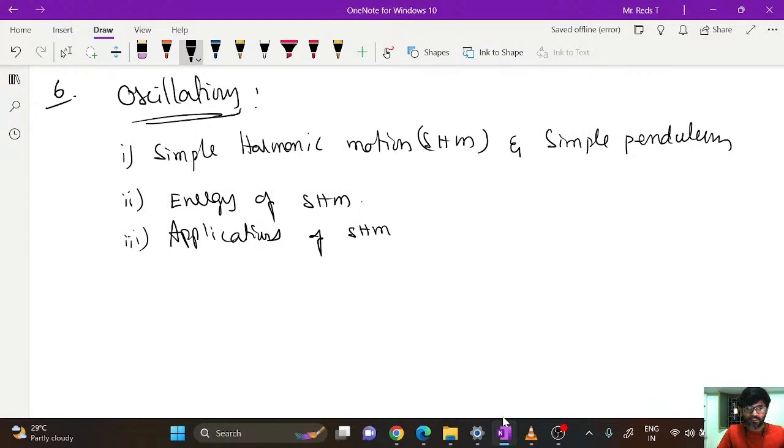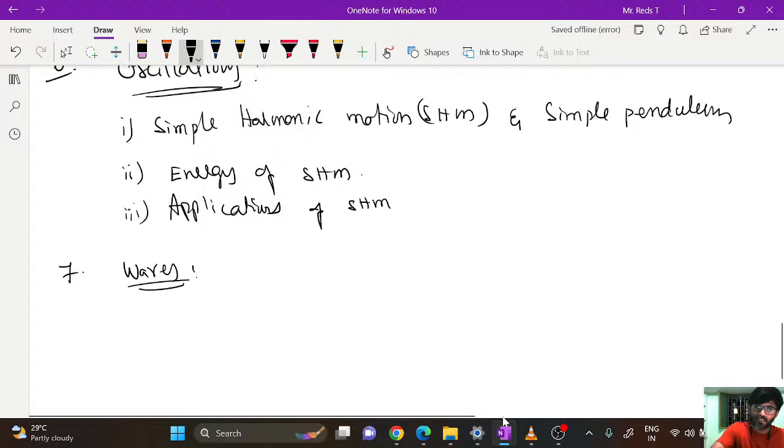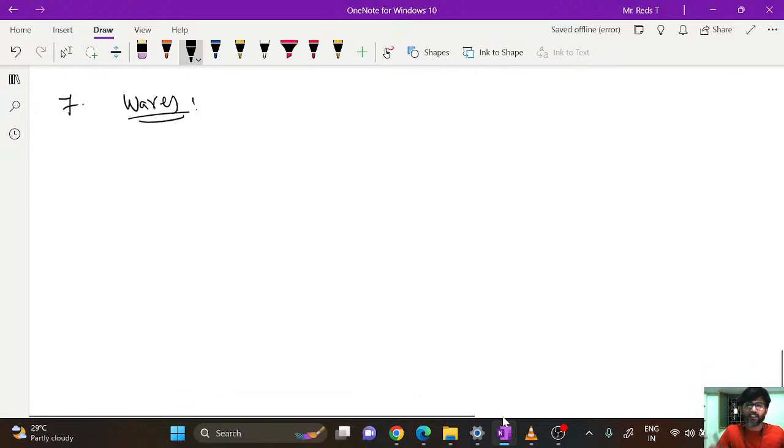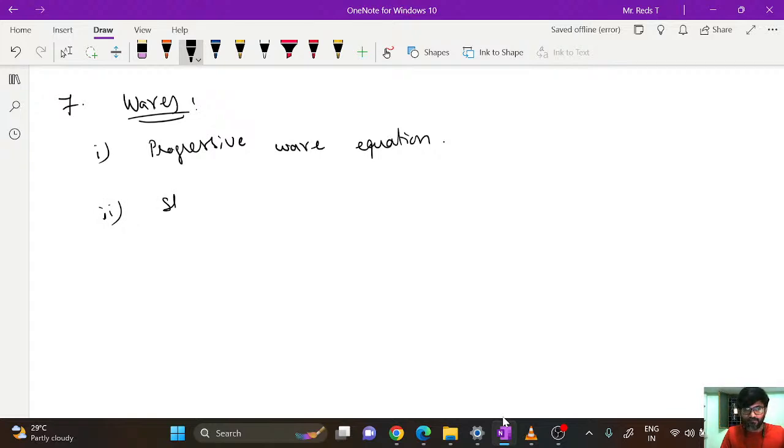The next one is waves. Compared to oscillations, waves is a little lengthier chapter, but one of the points we have to be more focused on overall in the chapter is the progressive wave equation: progressive waves, transverse progressive wave, meaning the traveling wave equation and basic questions, and then stationary waves, specifically in organ pipes and strings, both cases.